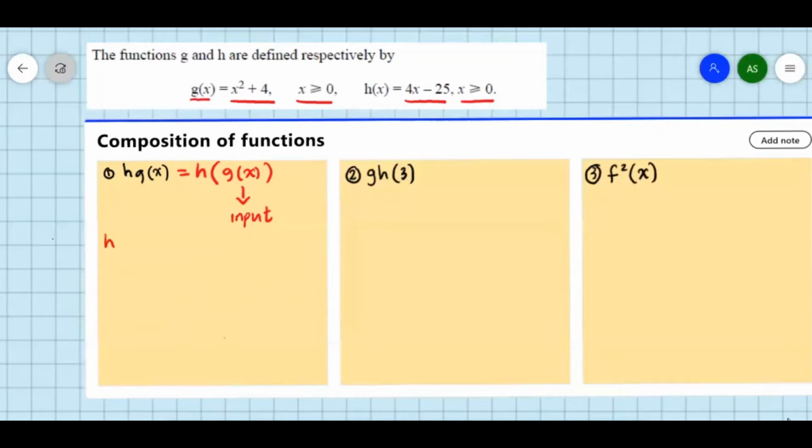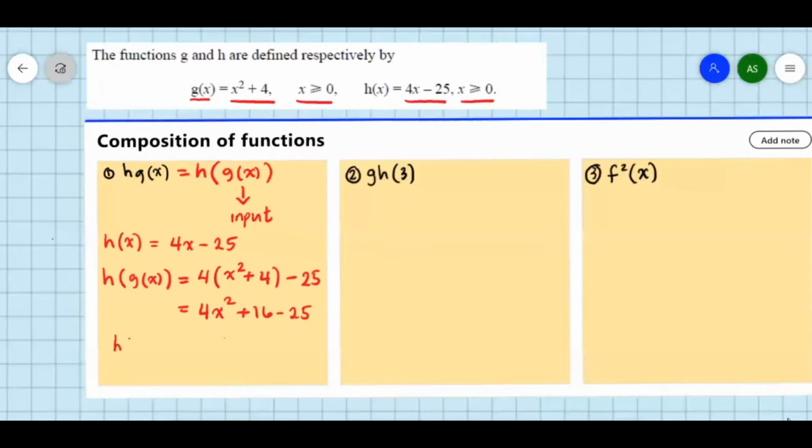So at first, we are given h of x equal to 4x minus 25. If we replace x by g of x, which is x squared plus 4, this will give you 4 times x squared plus 4, which is 4x squared plus 16 minus 25.